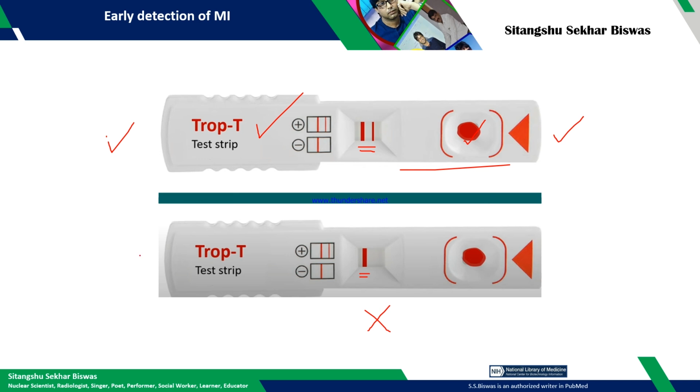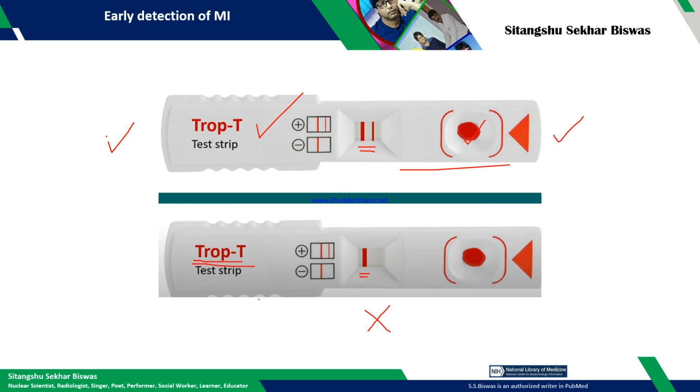Let us very briefly understand what this TROP-T is. In cardiac myocytes, there are a few proteins: actin, myosin, and troponin. There are three types of troponin in cardiac myocytes: troponin I, troponin C, and troponin T. Troponin T is abbreviated as TROP-T.